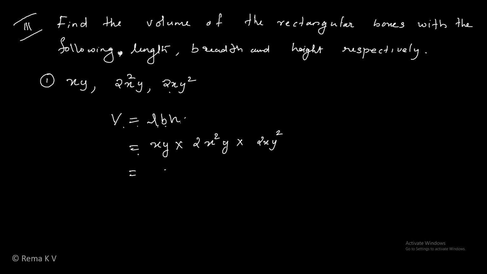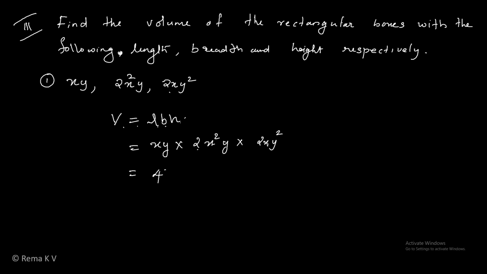Give your answer. xy into 2x square y into 2xy square. Multiply the numerical coefficients. Here the numerical coefficient is 1 as there is no other number. So it is 4, 2 into 2. Numerical factor of the product is 4. Now x is here 1 time. In this 2 times.